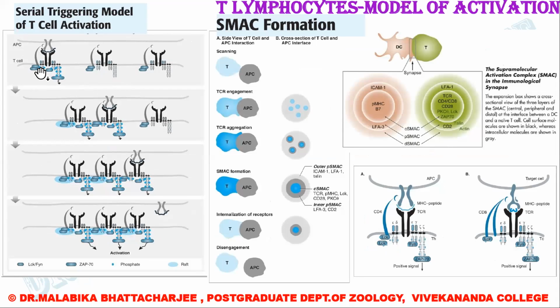The engagement of the T cell receptor by the peptide MHC leads to phosphorylation of the CD3 chains and recruitment of membrane rafts. The membrane rafts contain many of the signaling molecules required for the transduction of the TCR signal. So, I'm not getting into the details of the TCR signal.